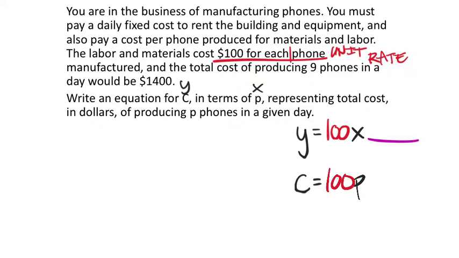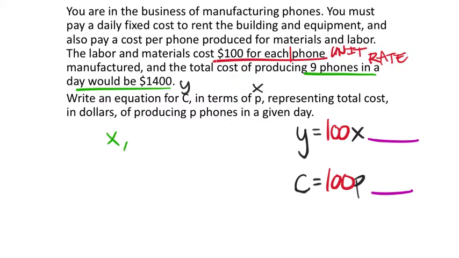But again, this isn't showing the y-intercept, we just have to fill in this blank. Then it says the total cost of producing 9 phones a day would be $1,400. This right here is an ordered pair.